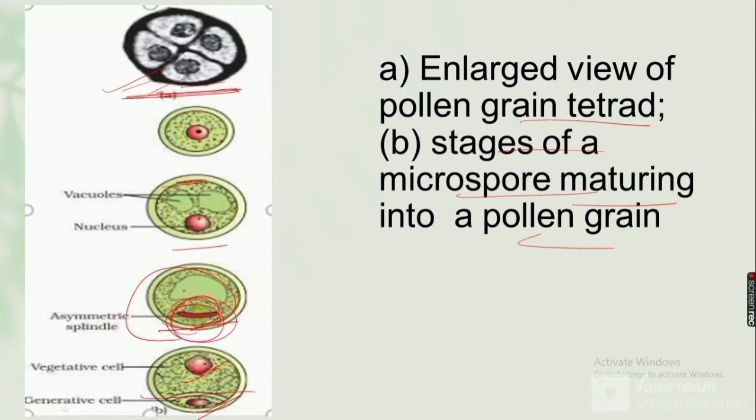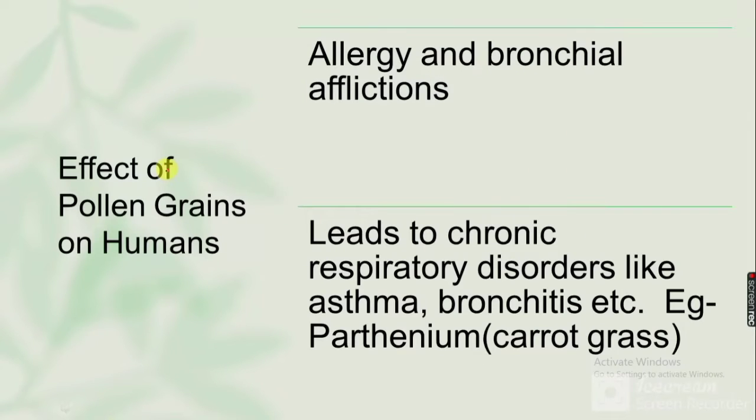Effect of pollen grains on humans. Pollen grains affect humans in many ways. They cause allergy and bronchial afflictions. The person may get sneezing or start coughing when exposed to pollen grains.